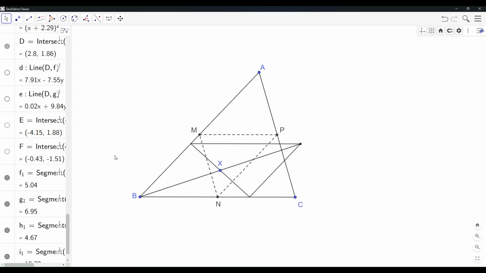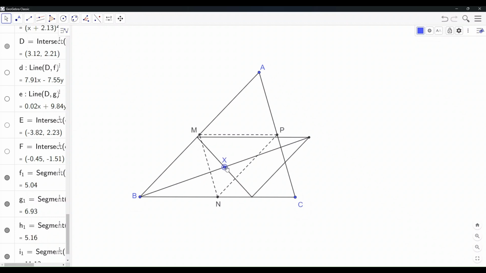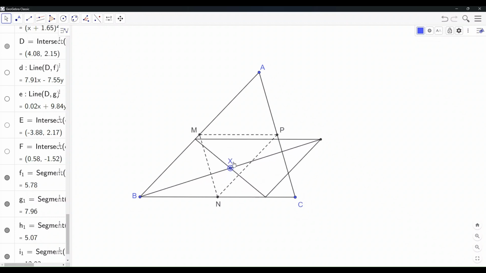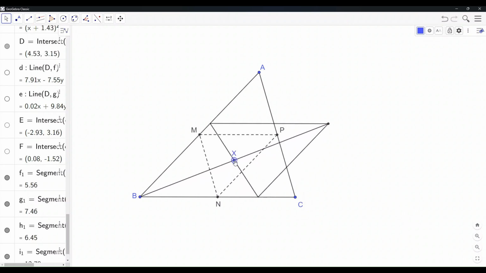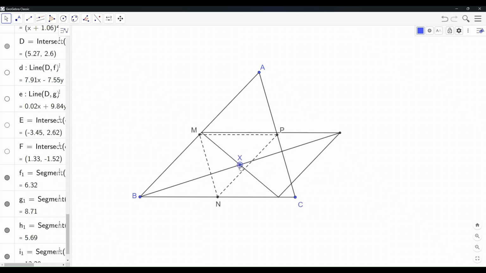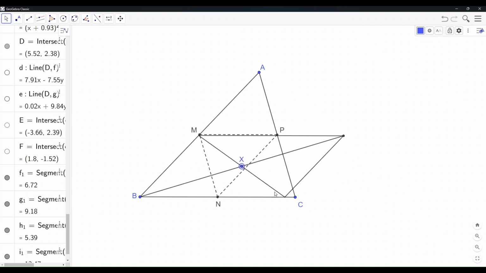Finally, you might wonder why the point X must be kept inside the triangle MNP. Let's move it around and see what happens. When X is close to the boundary, look at the node on BC.